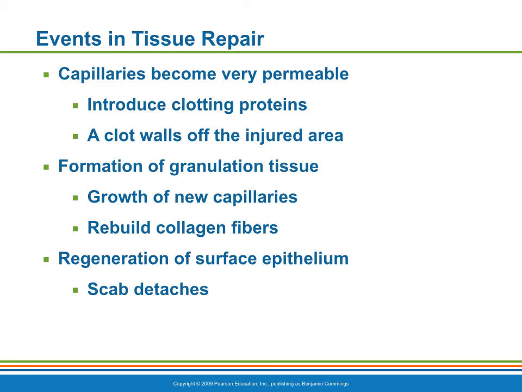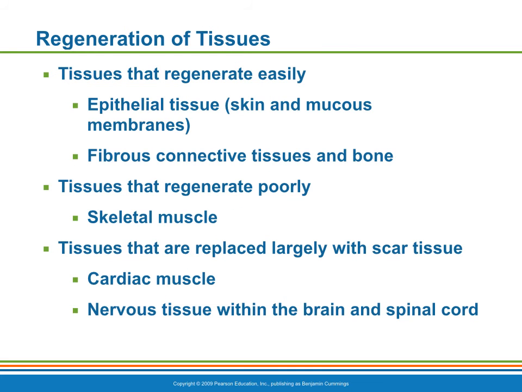Then we have regeneration and fibrosis, depending on what type of tissue it is, and that would affect permanent repair. Now, the regeneration capacity of tissues varies widely among the tissue types. Epithelial tissue regenerates easily, skeletal muscle poorly, and cardiac and nervous go straight to scar tissue.